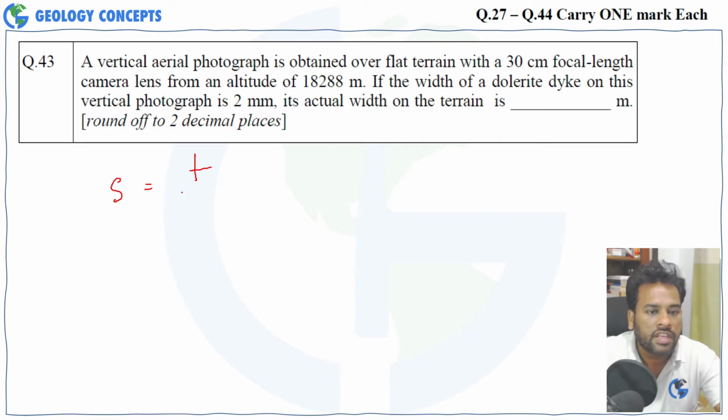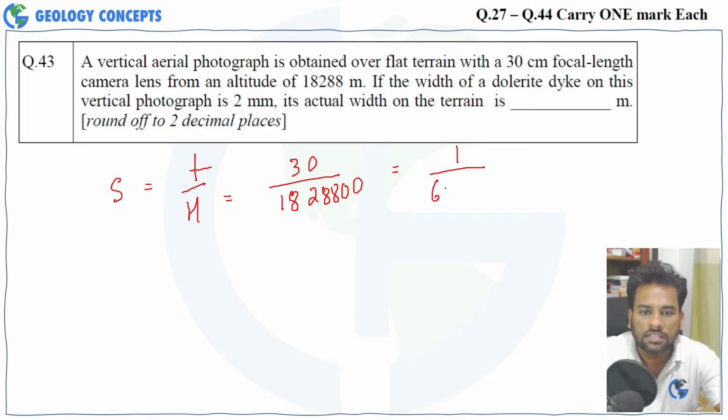Scale is given by F by H. F is the focal length, which is 30 centimeters, and the height is 18288 meters, which is 1828800 centimeters. So the scale becomes 1:60960.